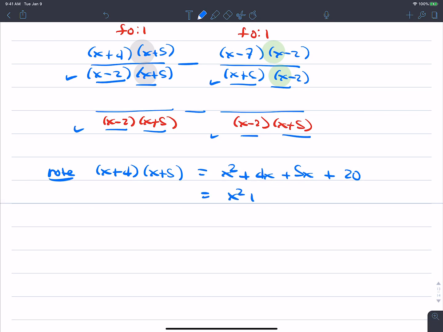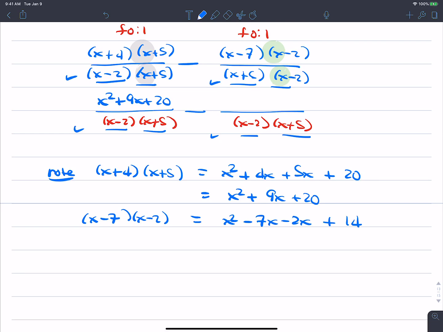Or we get x squared plus 9x plus 20. This goes here. For the second, we get x minus 7 times x minus 2, x squared minus 7x minus 2x plus 14. So we get x squared minus 9x plus 14.